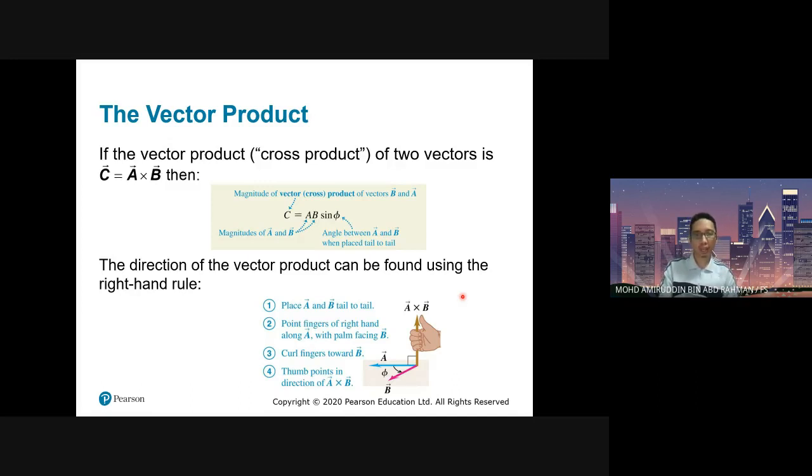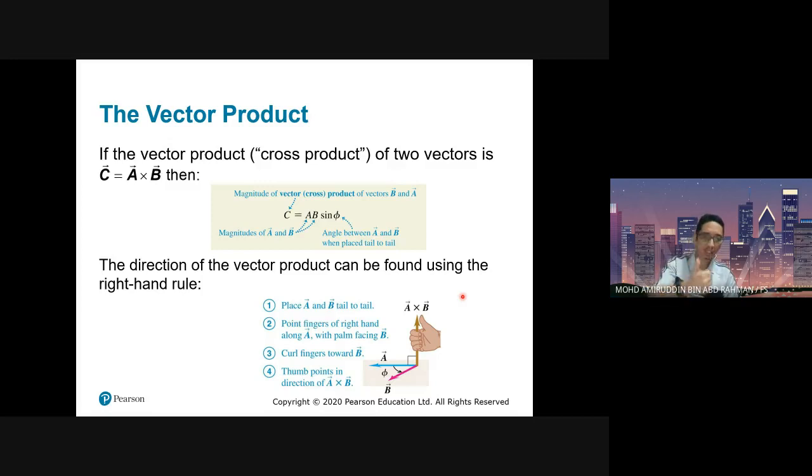So if vector A is on the horizontal plane, and both vectors are on the horizontal plane, and let's say A is in the minus y direction, and then B is between minus y and minus x direction, you can take the angle from A to B and then use the right hand rule.